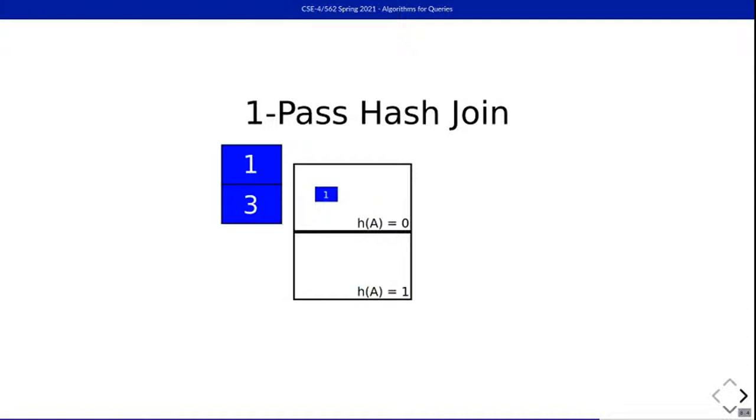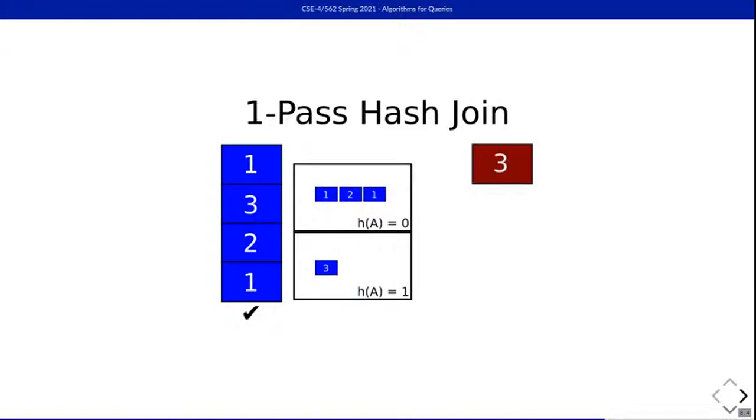Let's say the number 3 hashes to 1, we're going to put that into the 1st bucket, and so forth. Once we get to the end of the first input, we basically have this nice little well-organized hash table with all of the records in that first table in it. So now we can scan over all of the red tuples.